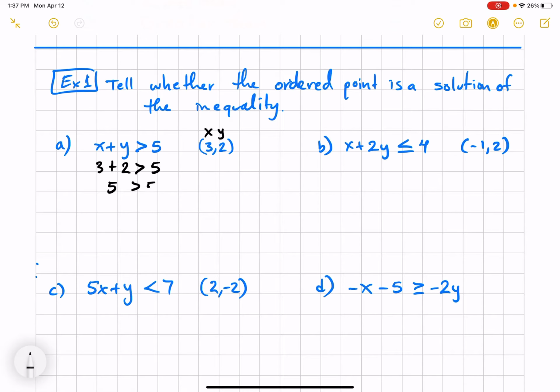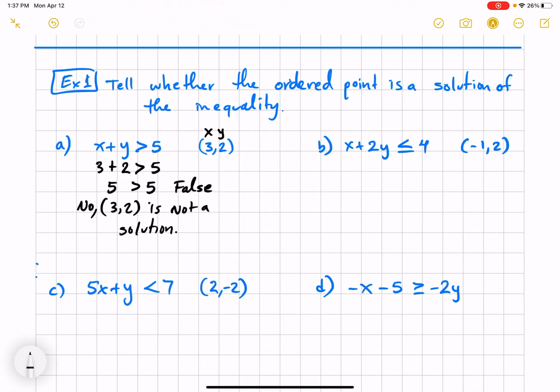It turns out 5 is equal to 5. So since we don't have the equal under the greater than sign, this is a false statement. And because it is a false statement, that tells us that (3, 2) is not a solution. Okay, hope that was easy.